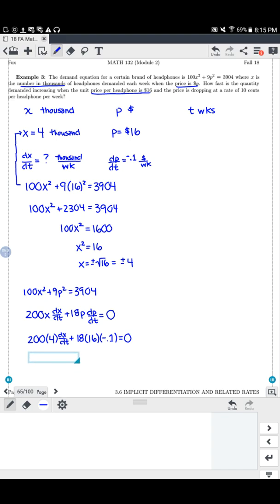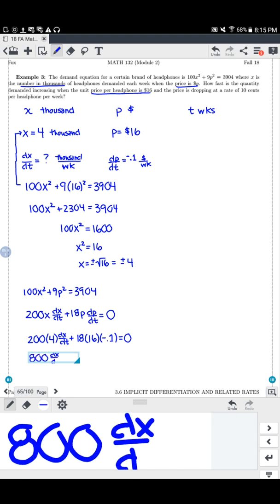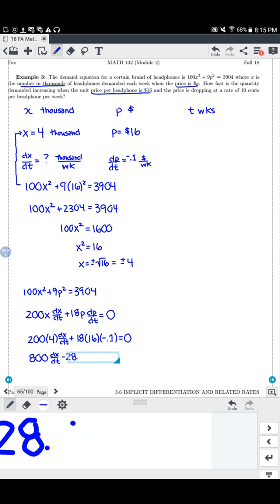So if we plug in here, we have 800 dx dt, and then 18 times 16 times negative 0.1, that's negative 28.8, equals 0.